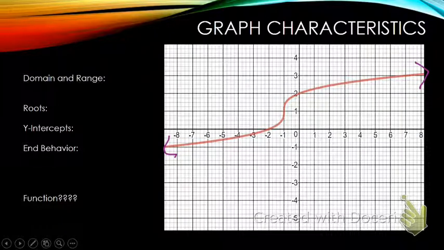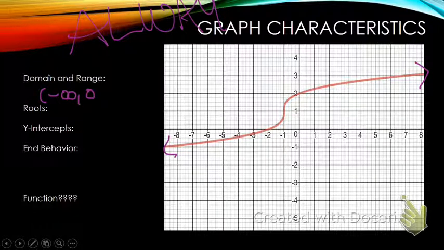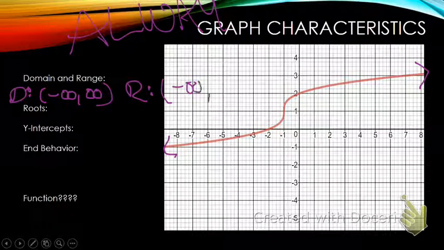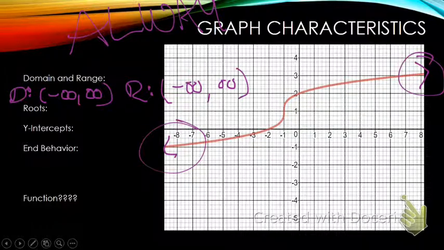Now, the nice thing about these graph characteristics of a cubic function, they're going to stay the same, always, okay? And I love always statements. So the domain and range will always be negative infinity to positive infinity. Domain as well as range. Because you have arrows in both opposing quadrants, this quadrant and this quadrant, okay?